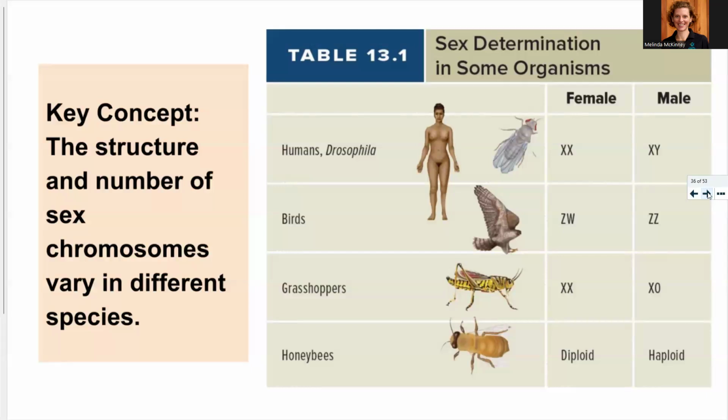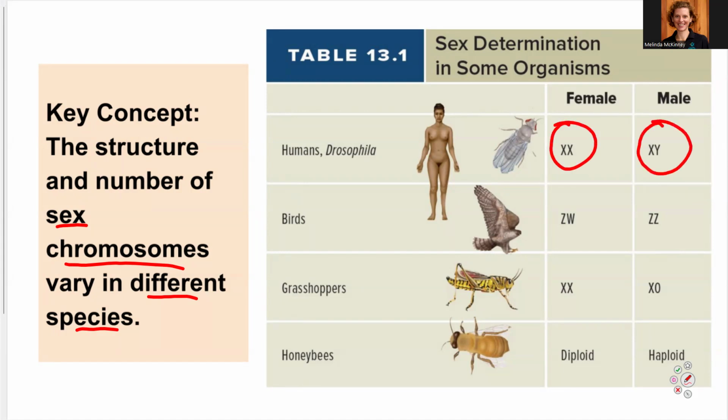So interesting, I find this fascinating. The structure and number of sex chromosomes vary in different species. So I only learned about X and Y for a long time. So the female XX and the male XY. That's the case for humans and also a lot of other animals, including Drosophila, which is this fruit fly shown here.